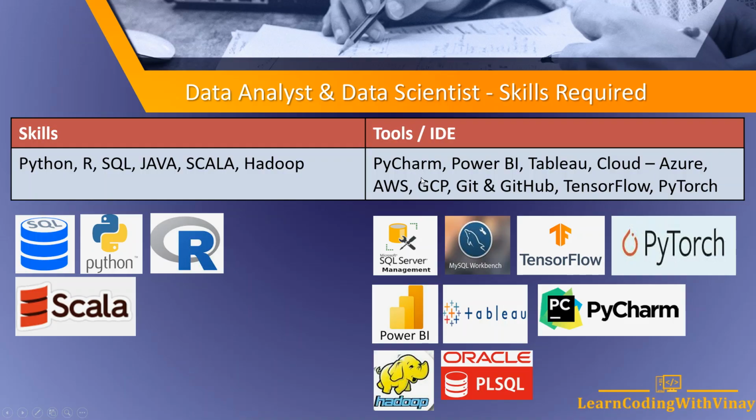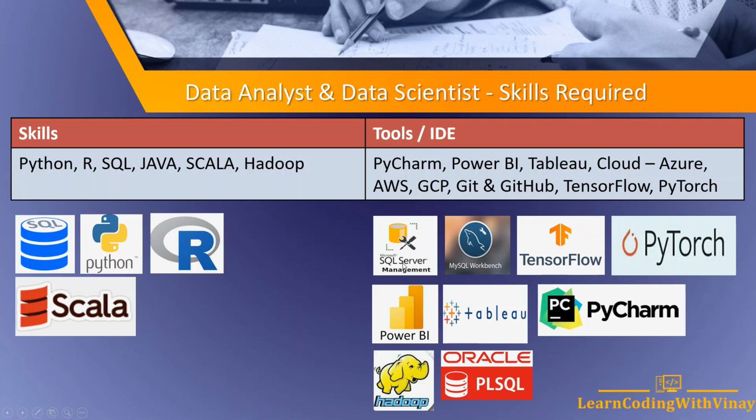For example, for Python, you may be using PyCharm. For data analysts, if they are using Power BI, which is a Microsoft product, or if they are using Tableau, you need to get familiar with it. And then Hadoop, TensorFlow, PyTorch, right?